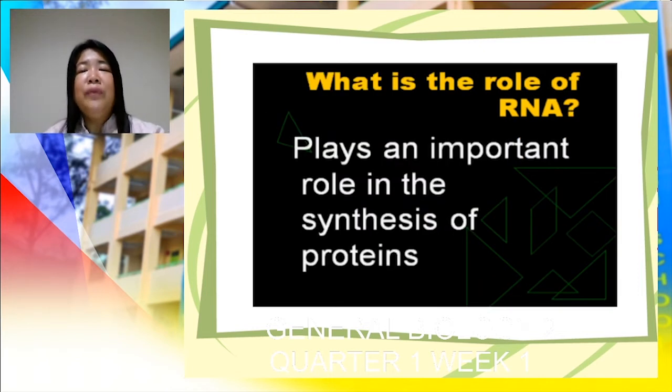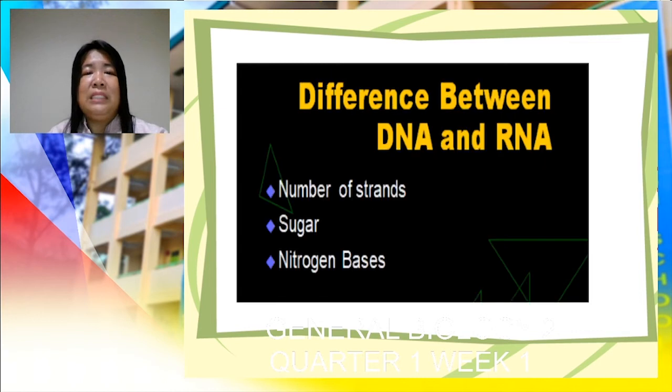What is the role of RNA? It plays an important role in the synthesis of protein. As we go on with our lesson, we will know why proteins have to be synthesized. But with RNA and DNA, we also have to consider the presence of these proteins.